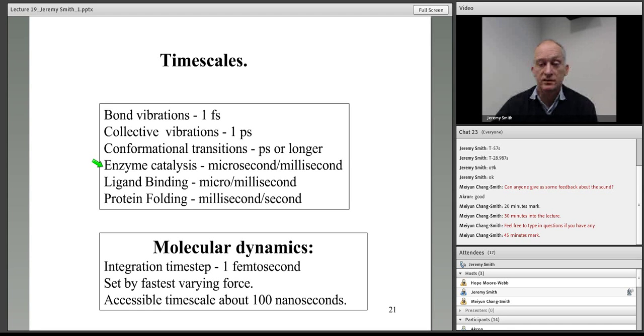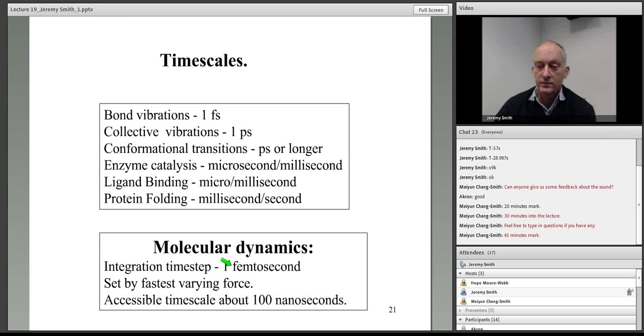So we've also mentioned how dynamics affects ligand binding and protein folding. Folding of a protein is itself a dynamical process, of course, not one that's in the range of neutron scattering, at least not for now, but it's dynamics in itself. What about MD? Well, we need to set our integration time step to be that of the fastest varying force. Otherwise, the whole thing explodes. We don't integrate finely enough. And that's a femtosecond. That limits us.